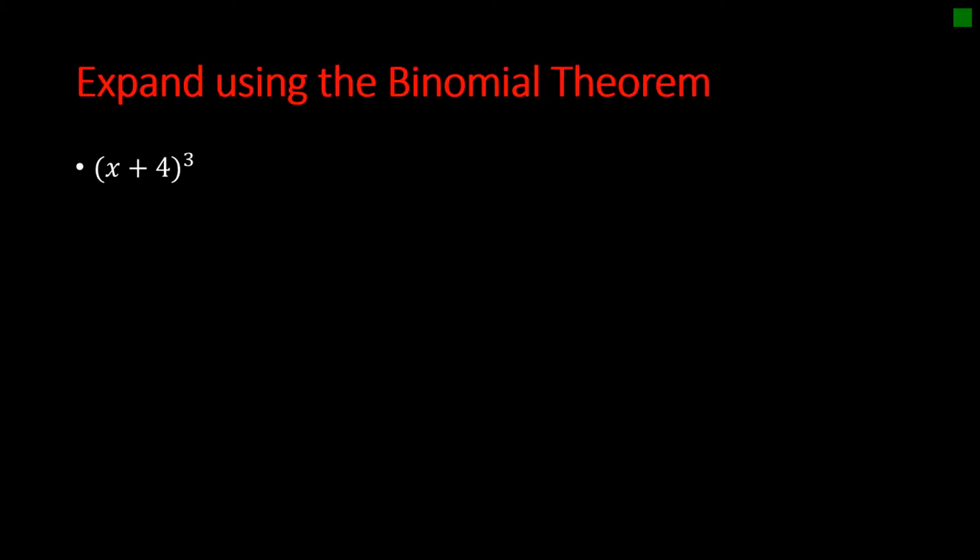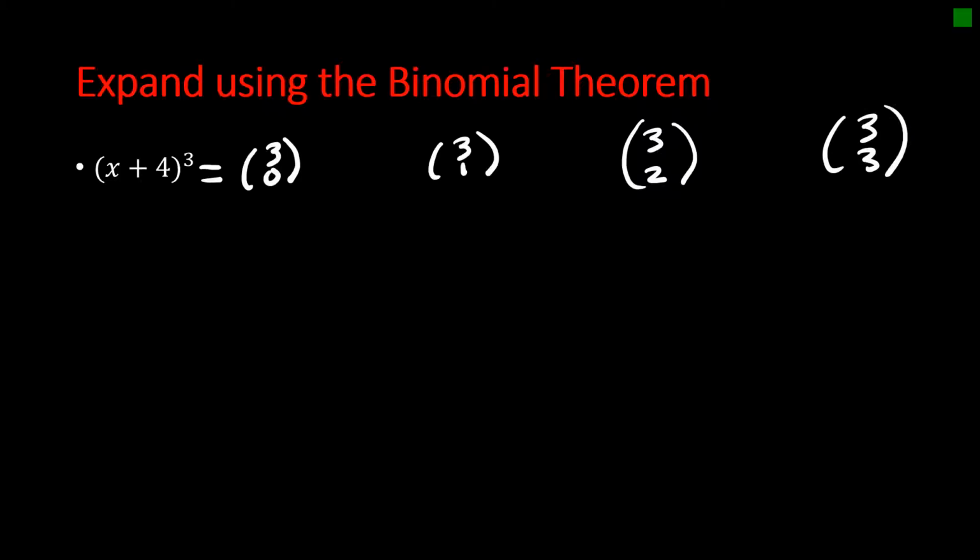We want to expand x plus 4 cubed. So we know it's going to be 4 terms because here n is 3. We're going to have 3 combining 0, 3 combining 1, 3 combining 2, and 3 combining 3.